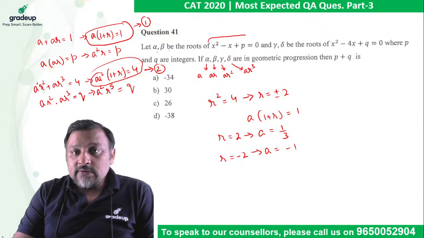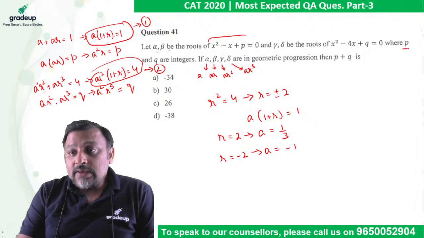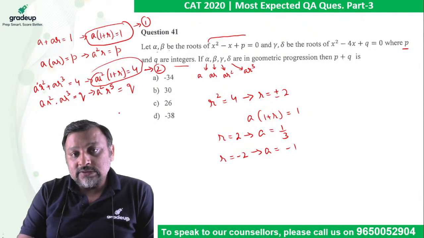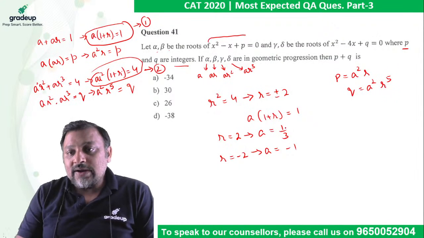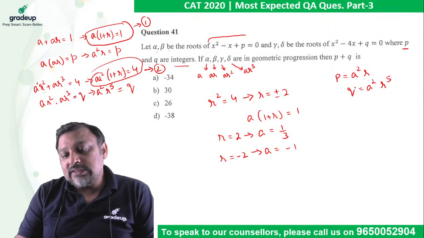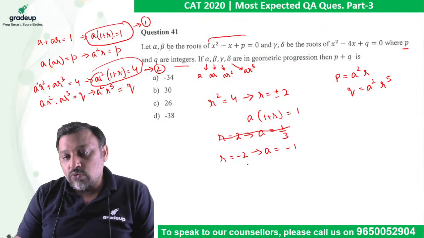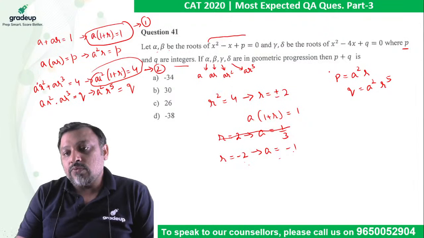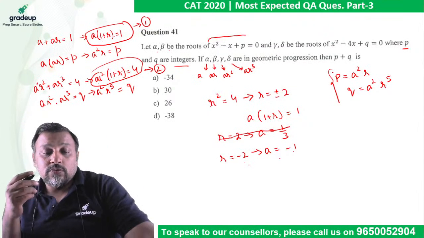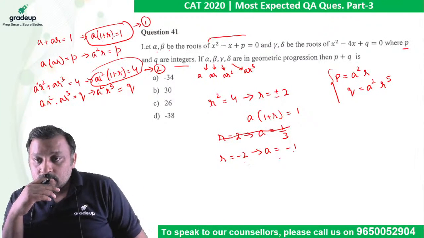Now it is given that p and q are integers. That means p, which is this, and q, which is this, are integers. So if I take a as 1 by 3, I won't get these values as integers. So that is why r equal to 2 and a equal to 1 by 3 is ruled out. Now I know the value of r and a, put here, you will get the value of p plus q, which is minus 34.